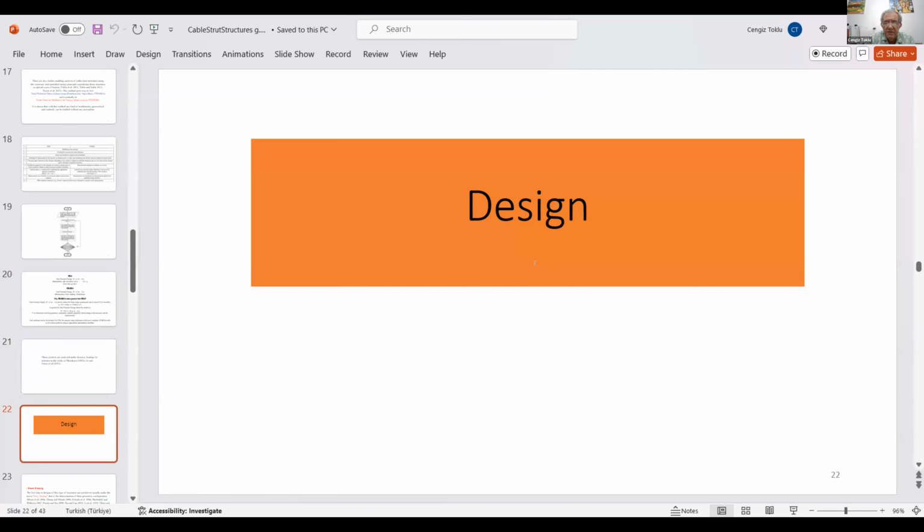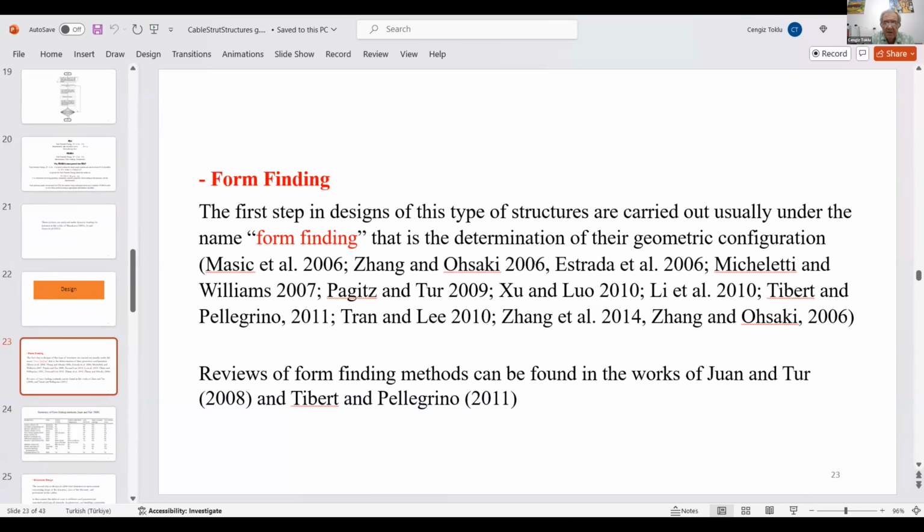Now, when we come to the design of these structures, we talk about two types of designs. One of them is form finding, because you cannot just arbitrarily connect bars and cables to make a structure. You have to design it in such a way that it will stand by itself.